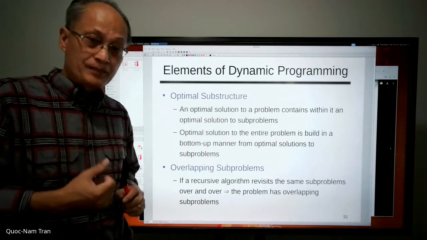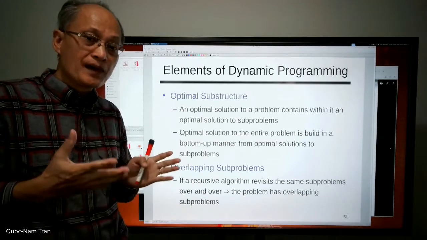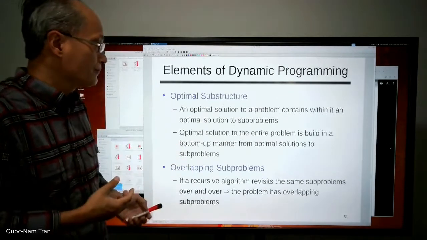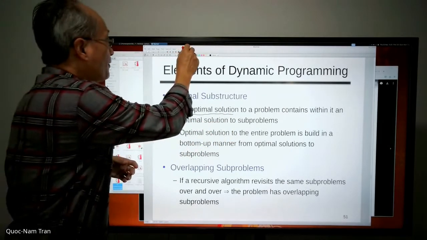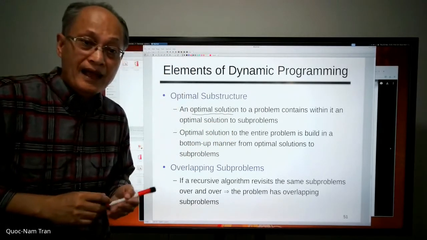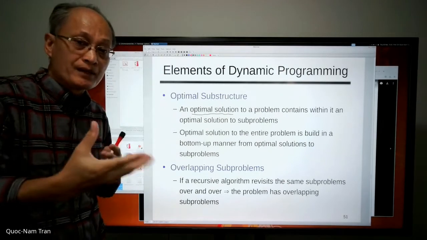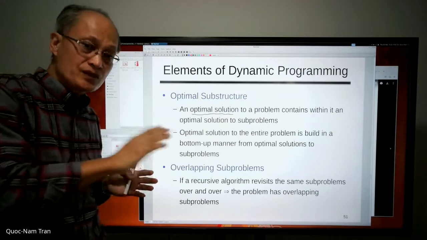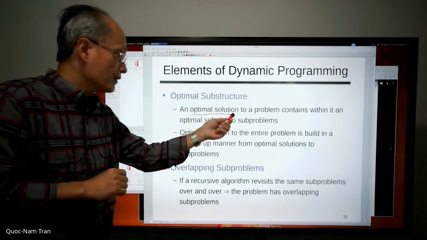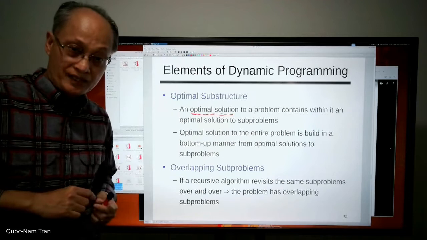So in dynamic programming, we have to know how to break the big problem into a smaller one. But more than that, how can we remember the previous calculation so we can reuse it instead of redoing the calculation, right?